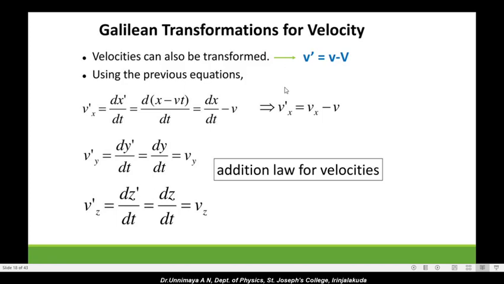So the Galilean transformation equation of velocity in the x direction can be represented as vx prime is equal to vx minus v.